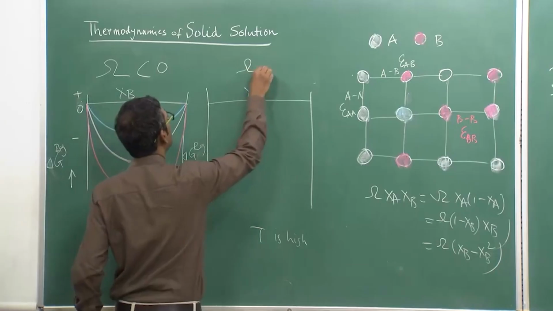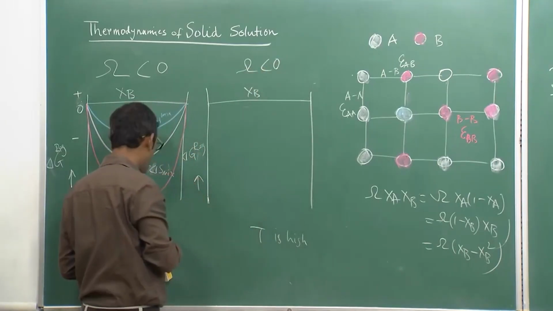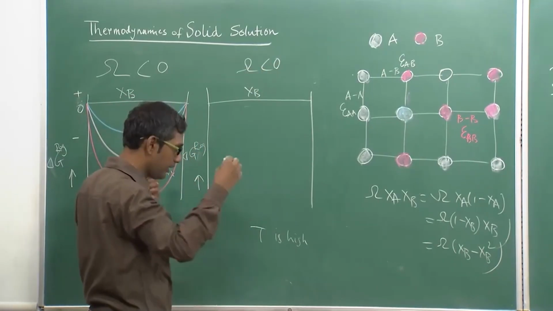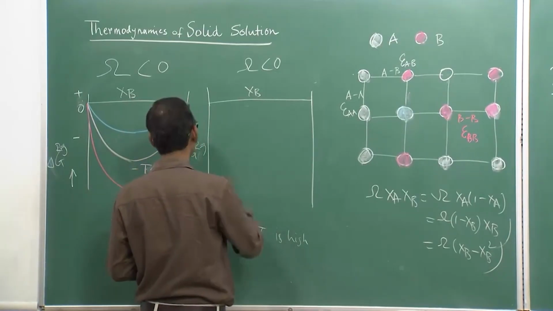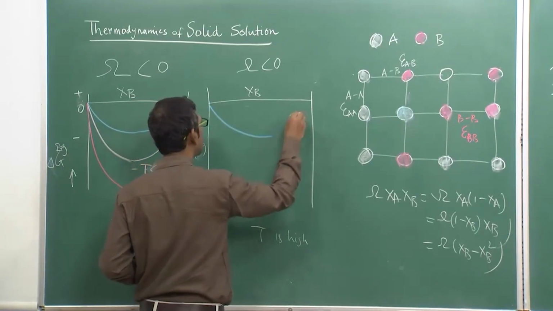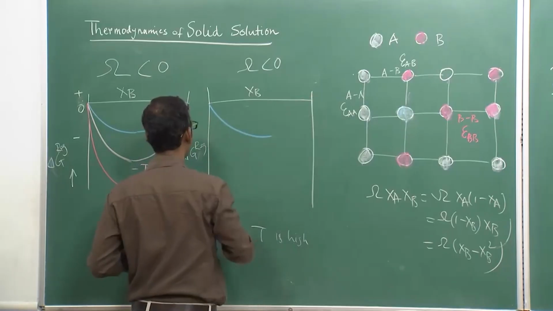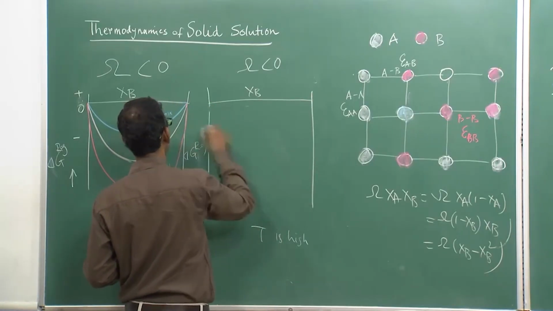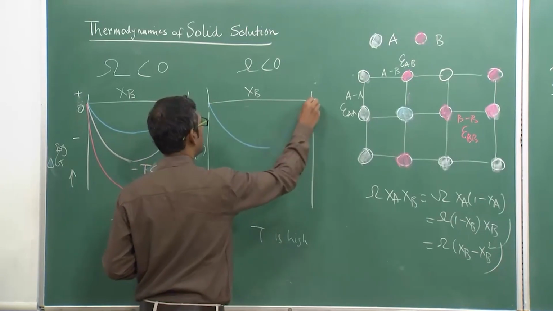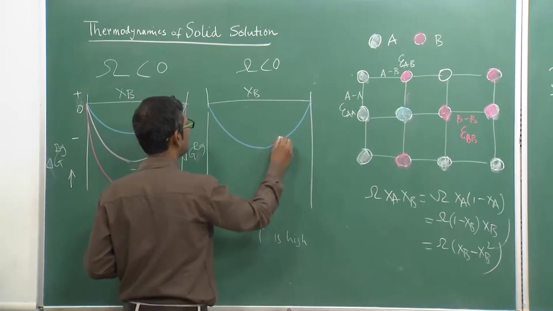Similarly, for high temperatures, what is going to happen? The entropy term will increase further, nothing else is going to change. Enthalpy will increase slightly because bond energies will slightly change. Let me increase it a little further. So here it is, this is delta H mix.